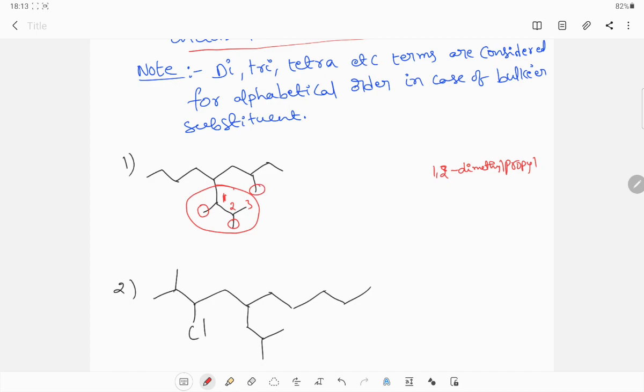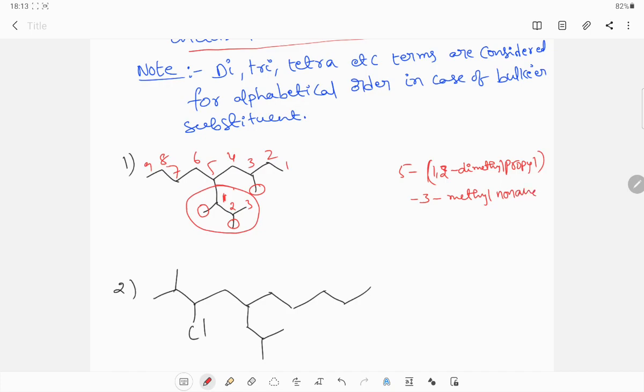For the numbering we give 1, 2, 3, 4, 5, 6, 7, 8, 9. Now where is this complex substituent present? At fifth position. The complex name is enclosed in brackets. Now one more substituent is there, that is 3-methyl.